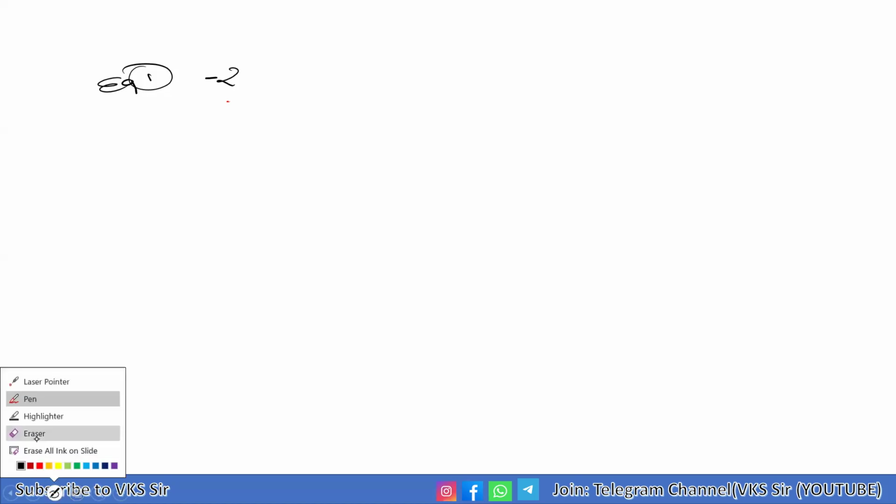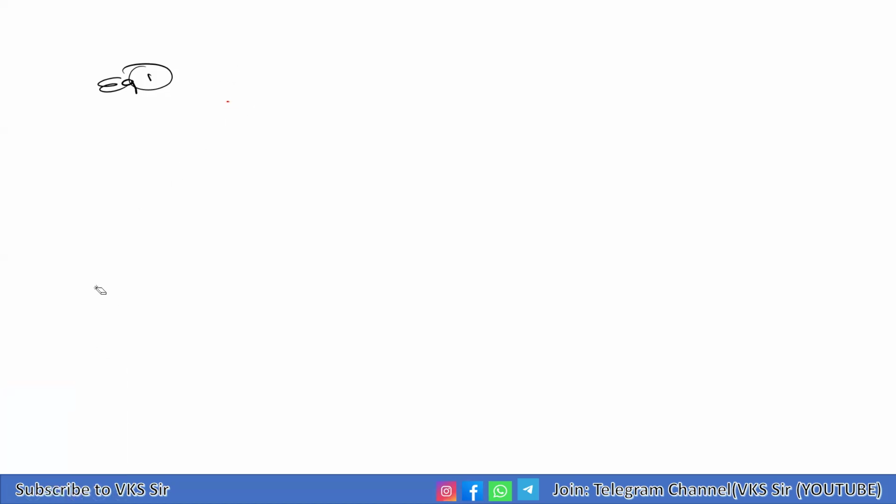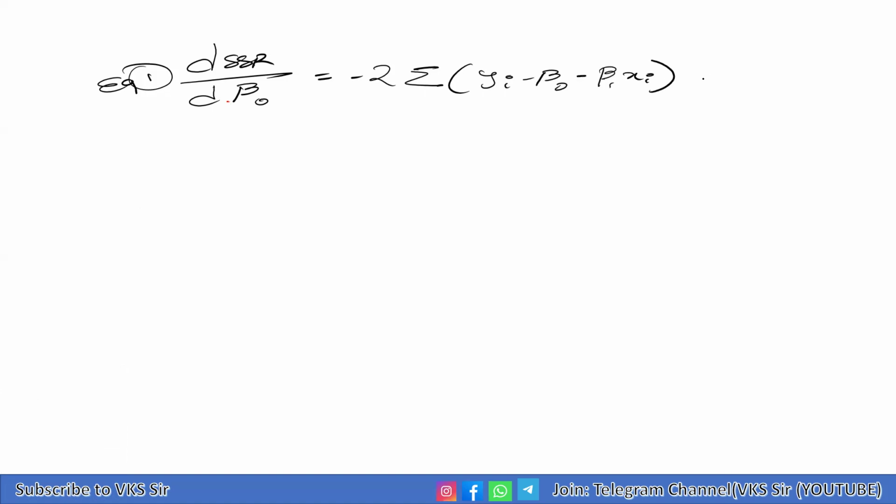So let's write those two equations. What is equation 1? Let me erase this. Now I can say that the derivation of SSR with respect to beta naught is equal to negative 2 sum of actual minus intercept minus the rest, and this is equation 1.